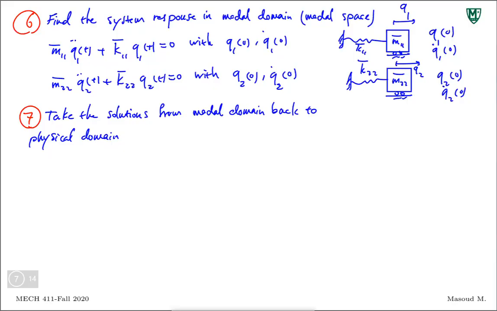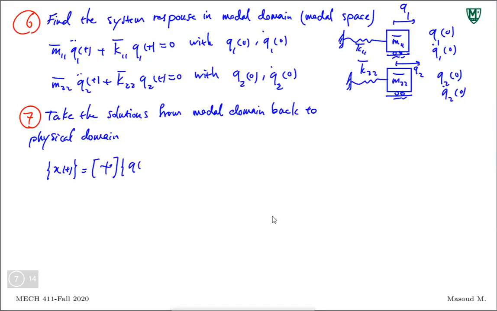So to take it from modal domain back to physical domain, let's just do it the old-fashioned way instead of making it complicated. So x(t) is psi times q(t). That we know.